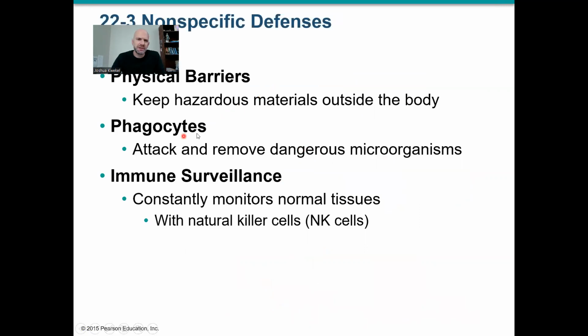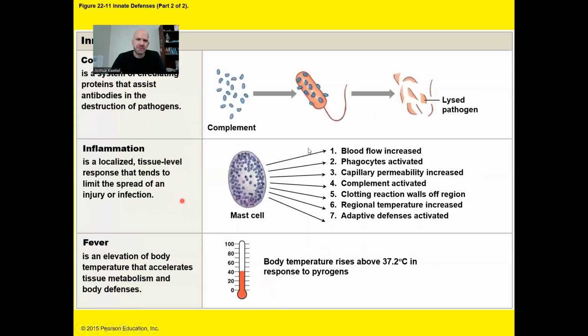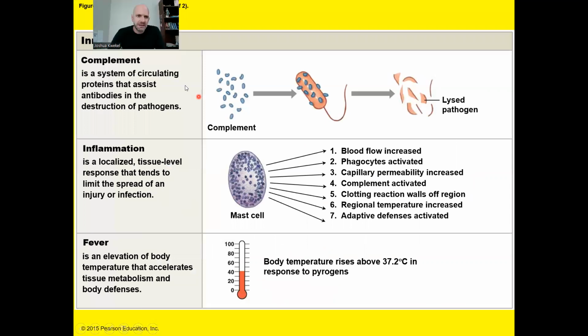All right, so physical barriers, phagocytes, immune surveillance, we've talked about these. Continuing in this illustration here, complement. Like interferon, it's a secreted protein that can become activated and help with mitigating a pathogenic infiltration.